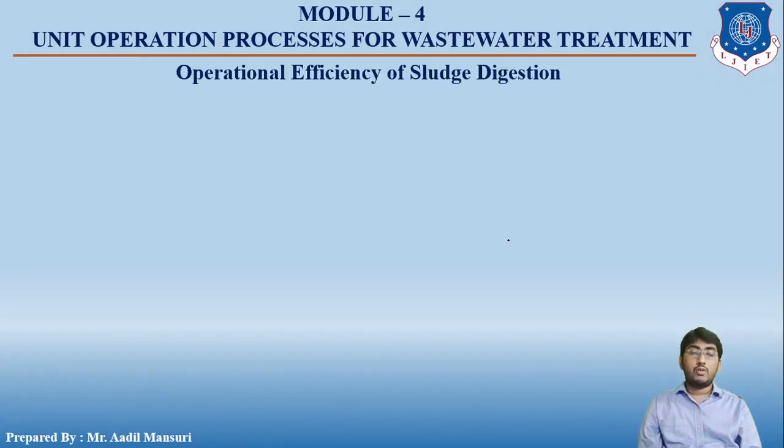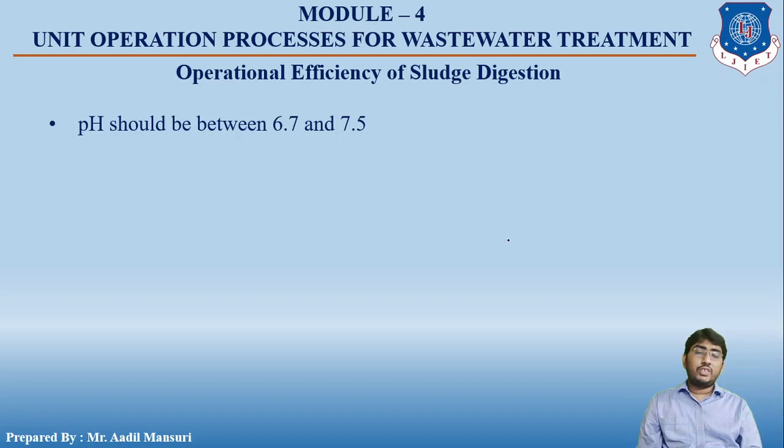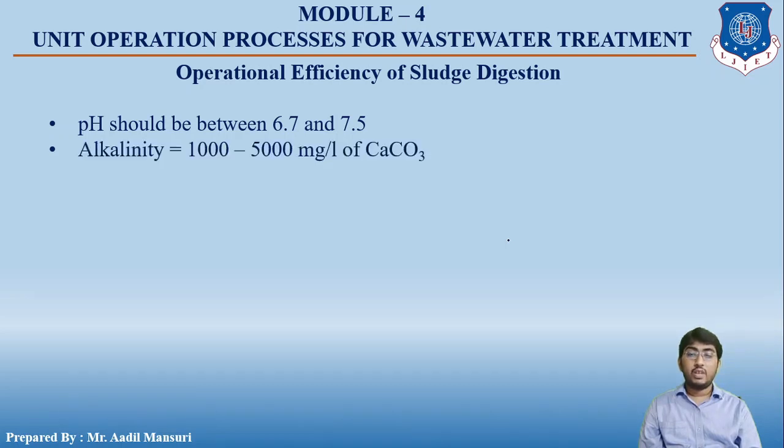So let us now talk about the operational efficiency of sludge digestion. Operational efficiency of sludge digestion depends on various factors. For example, pH should be between 6.7 and 7.5. The alkalinity should be between 1000 to 5000 milligram per liter of calcium carbonate.